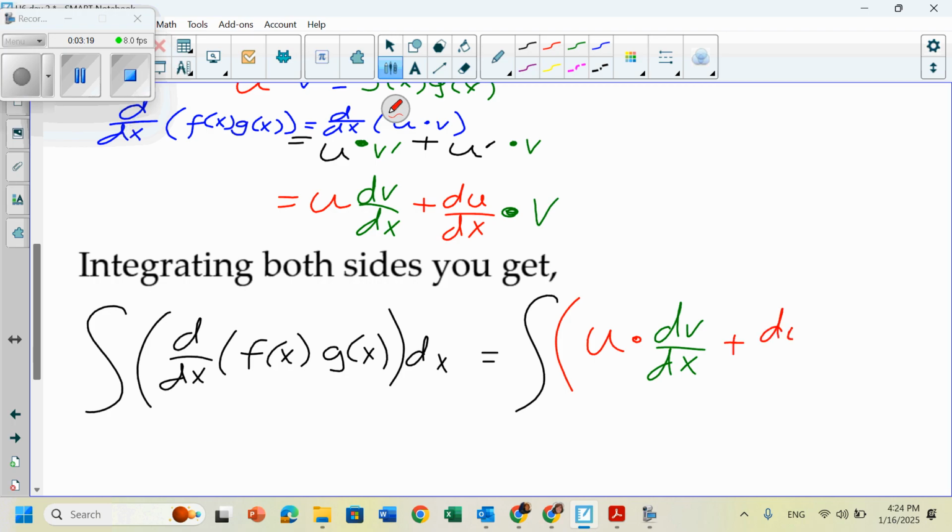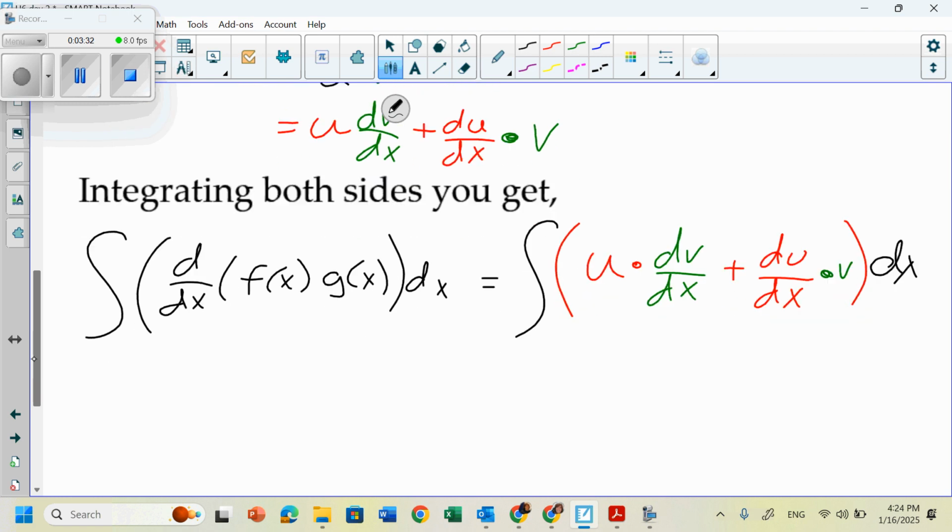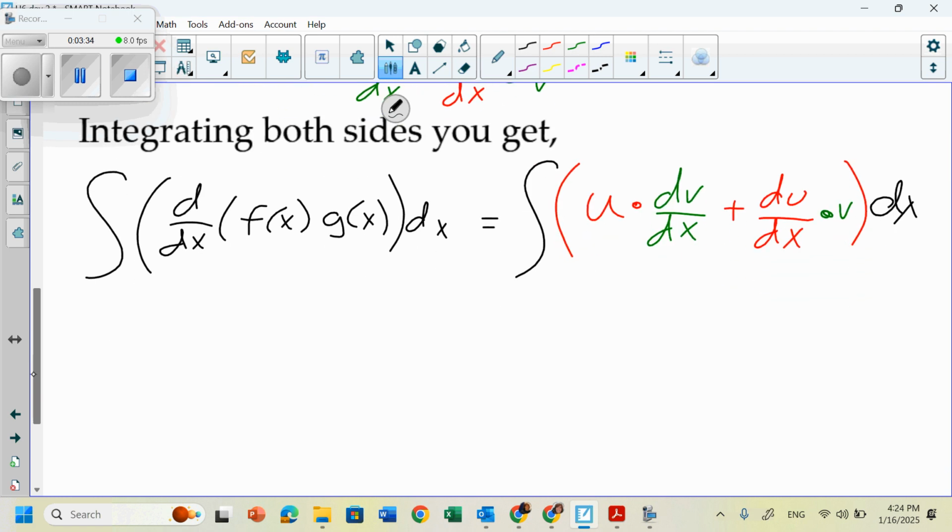Okay. Now, let's talk about what that's going to give me. On the left-hand side, integration and derivatives cancel each other out. We're left with f of x, g of x.